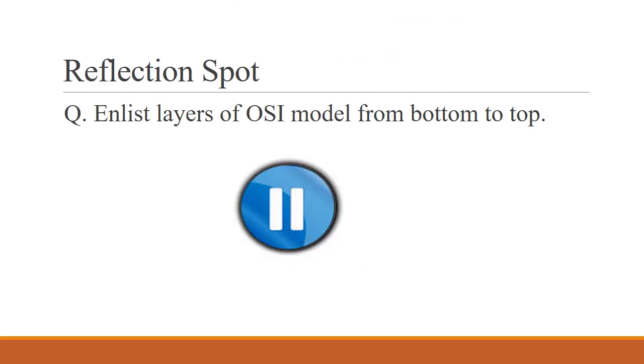Before proceeding further, pause the video and note down the answer of the given question in your notebook. The question is, enlist layers of the OSI model from bottom to top.